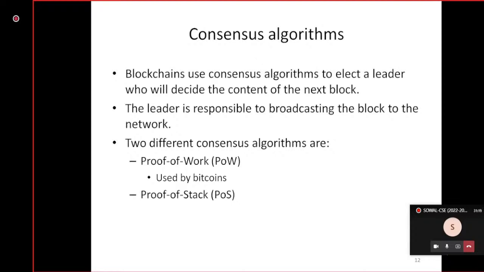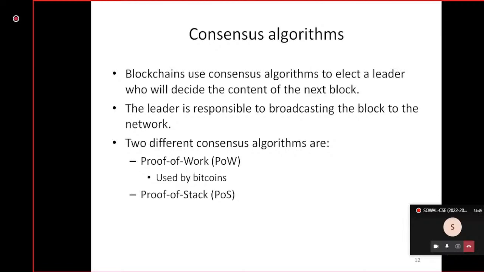So what is the scenario here? As I said, there are lots of nodes joining the network, and there is an incentive for designing a new block. To create a new block in the network, they will get some Bitcoin. Now, whenever a transaction is there, all nodes will compete for designing a new block.